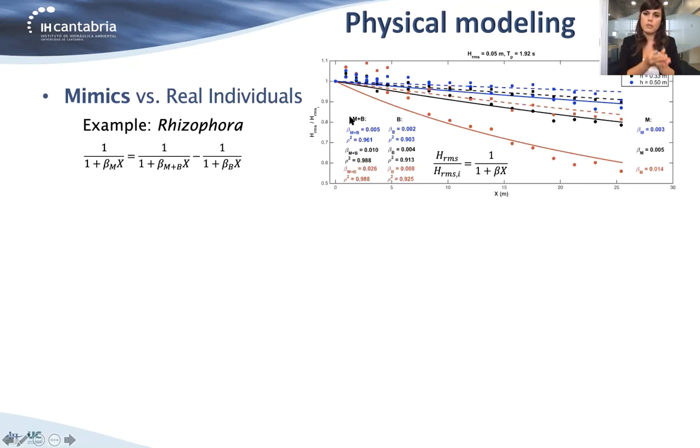A beta for the flume full of mangroves and another one for the empty flume. This allows us to estimate the damping coefficient strictly due to the forest trees. That was called beta M. In the slide you can see the equation used to get that beta M.